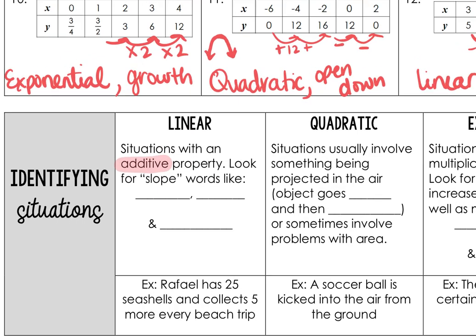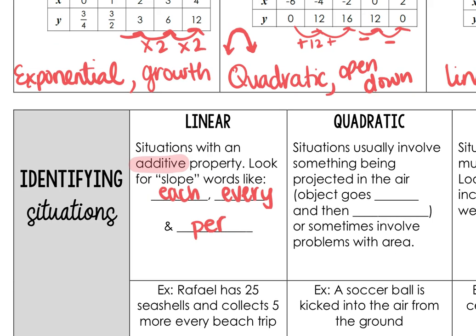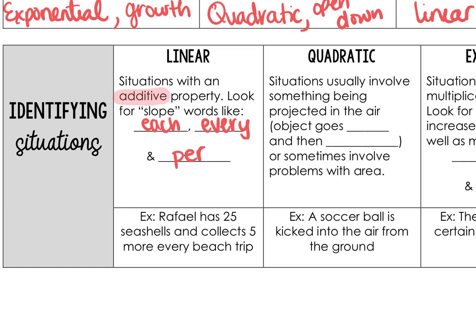So those words might be words like each, or every, or per. Those are words that would represent a constant rate of change. Each, every, per, additive words.